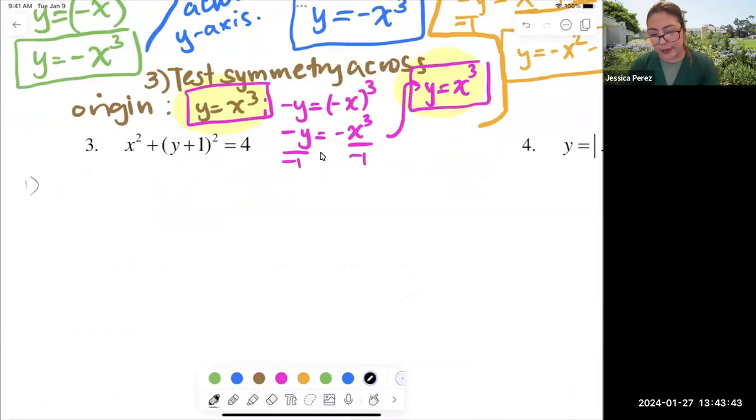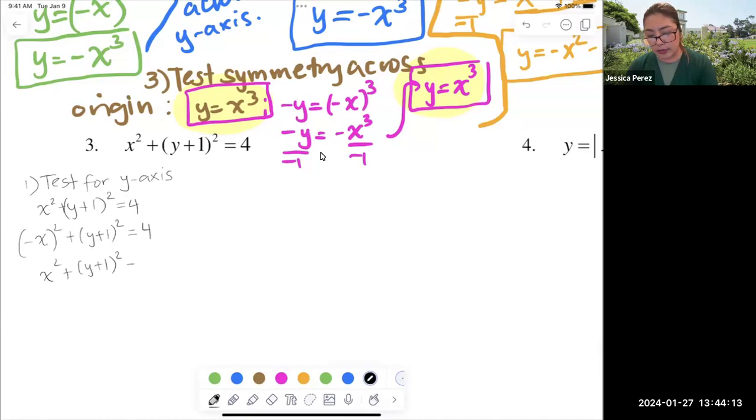So first I have to test for the y-axis if it's symmetric. So if we have x squared plus y plus 1 squared equal 4, then I have negative x squared plus y plus 1 squared equal 4. So then here, negative x squared, it's still x squared plus y plus 1 squared equal 4.